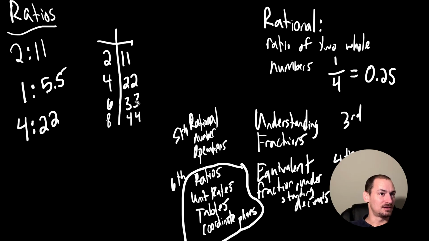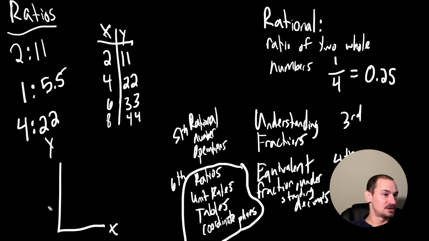And if we put an x and a y at the top of that table, this starts getting into algebra, and then we could plot those x's and y's on a chart like this. Let's say 11, 22, 33, 44, just to make it easy to graph, and 2, 4, 6, 8.